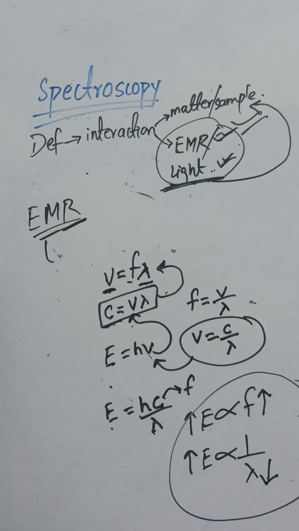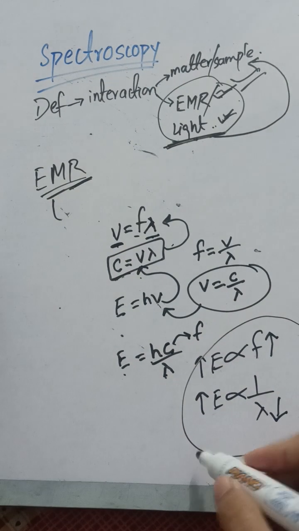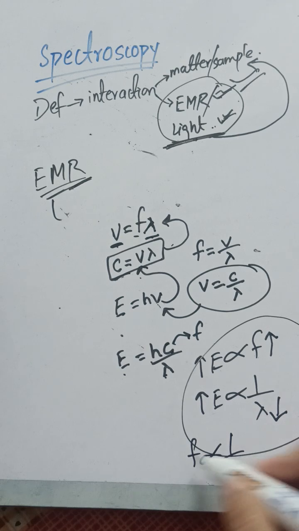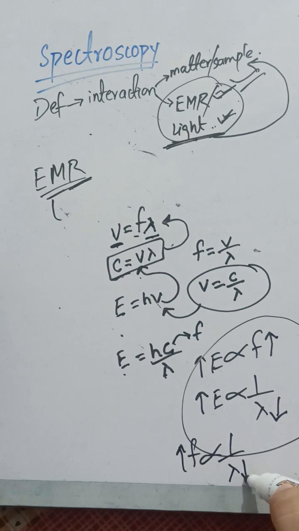So you should know that whenever the frequency is increasing, it means energy is increasing. Whenever frequency is decreasing, it means energy is decreasing. And similarly, the relation between frequency and lambda is like the energy's. So our frequency is also inversely related to the lambda. As the frequency increases, lambda will decrease.